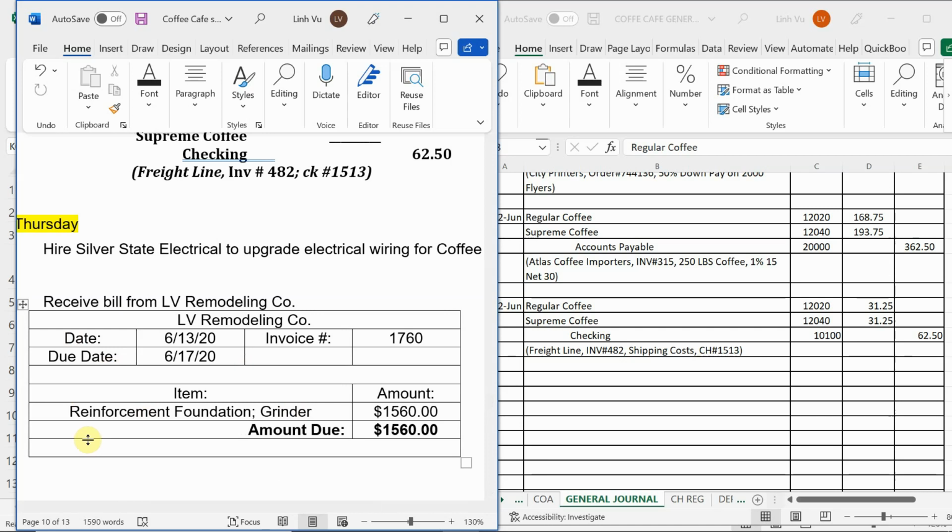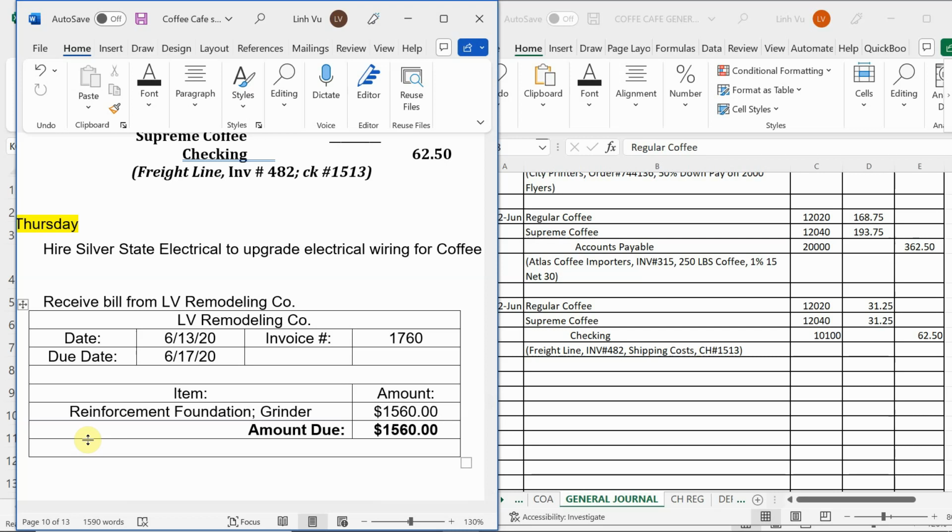So, how did we record this transaction now? Miscellaneous expense and accounts payable, because this is a direct cost to the coffee grinder.